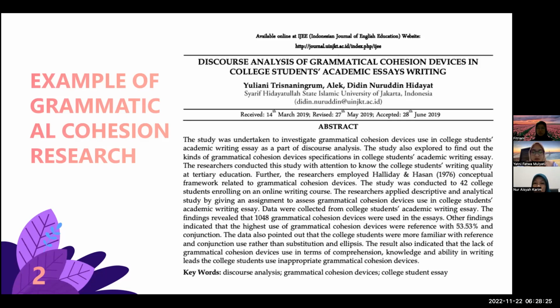Same as the previous one, it focuses on finding the types of grammatical cohesion, and then also focuses on the function. The result also indicates a lack of grammatical cohesion use in terms of comprehension, knowledge, and ability in writing with constituting appropriate grammatical cohesion devices. So the function here shows that the lack of grammatical cohesion determines the comprehension, knowledge, and ability in writing because of inappropriate grammatical cohesion. And then the last example.